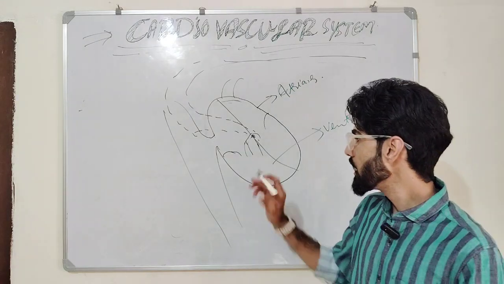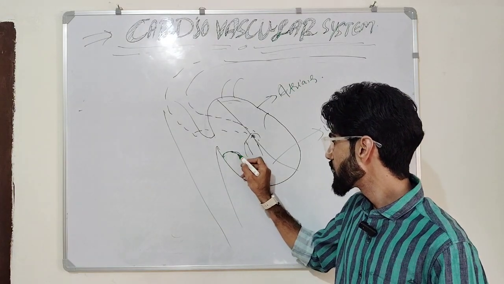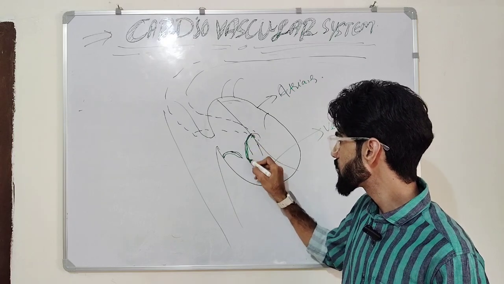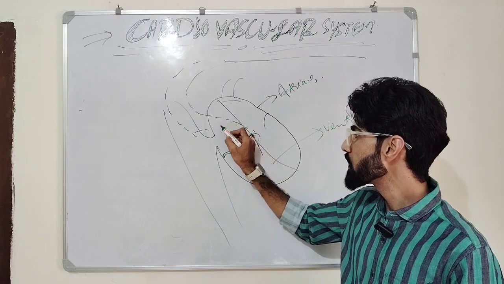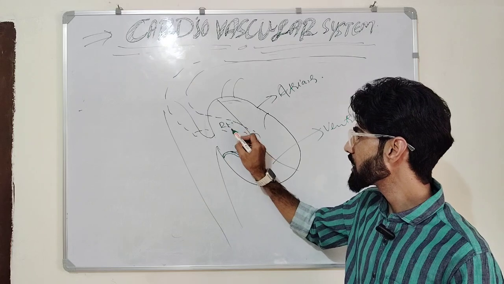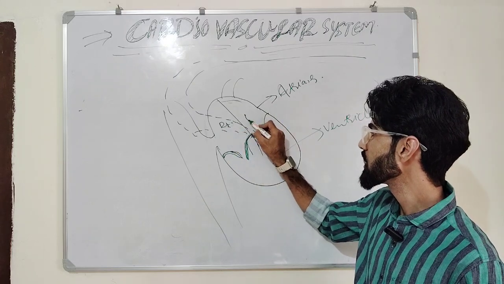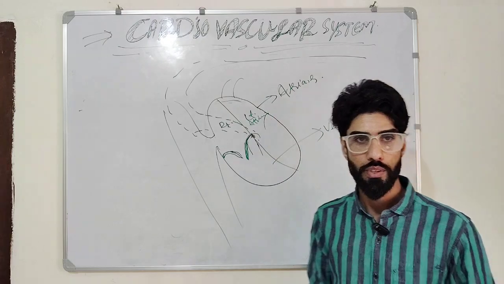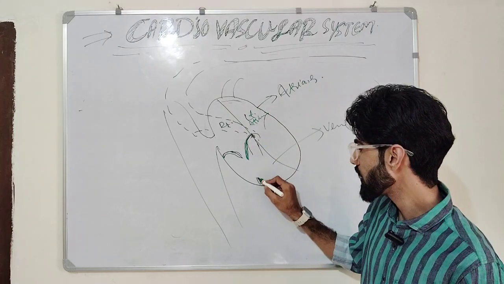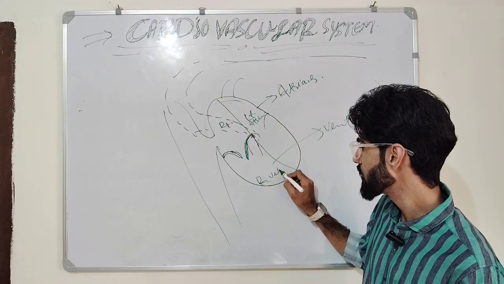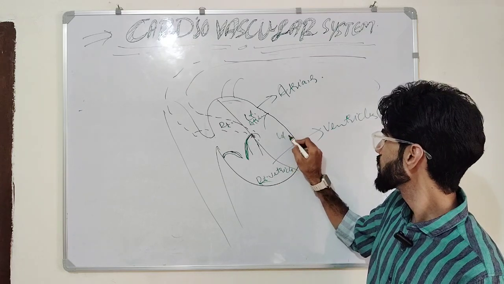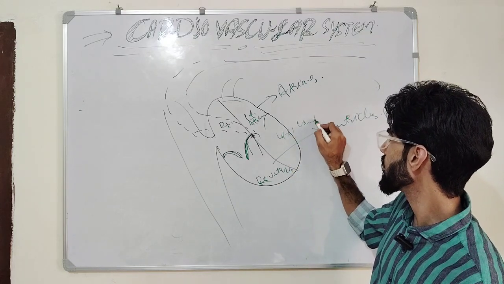In between, there is a valve-like structure. This is the right atrium and this is the left atrium. This is the right ventricle and this is the left ventricle.